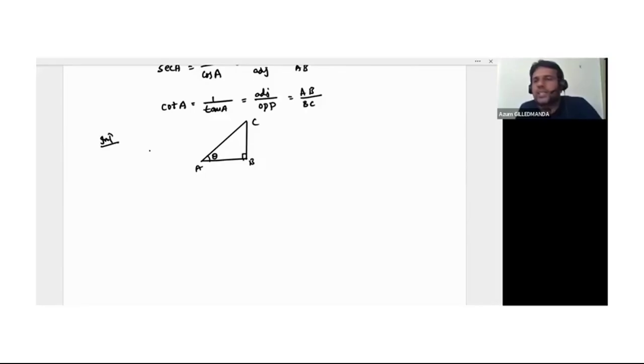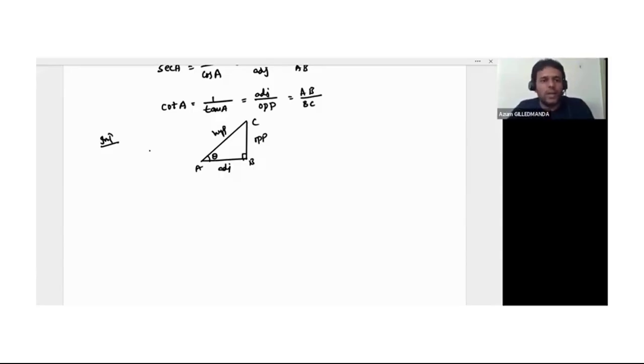Sometimes we just call this as theta instead of saying A. A is also an angle. Theta is a sign that we use for angle. So if theta is here, then the opposite side is this, and this is the adjacent side, and this is hypotenuse. Based on that, we can do that. So the angle can be A or theta. So you can get sin A or sin theta, cos A, cos theta, based on what the value that they have given.